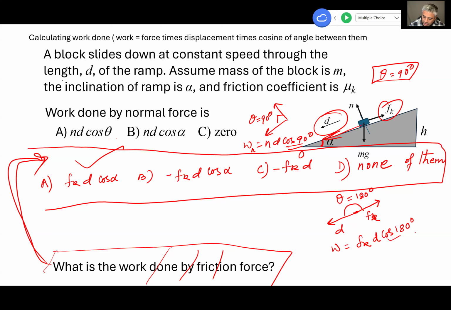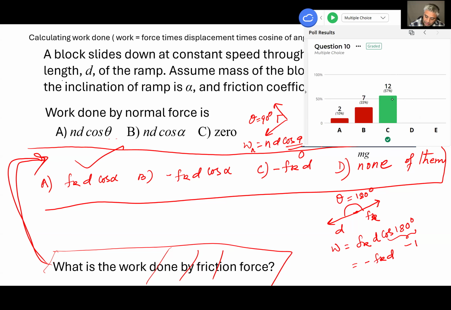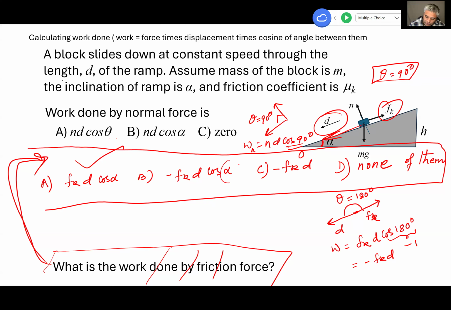The cosine of the angle between them is -1. So that makes it negative Fk times d. So yes, it looks like C is the correct answer in this case. Again, alpha wasn't the angle between Fk and d, so you cannot use that.